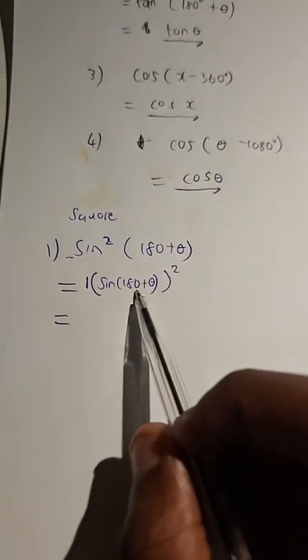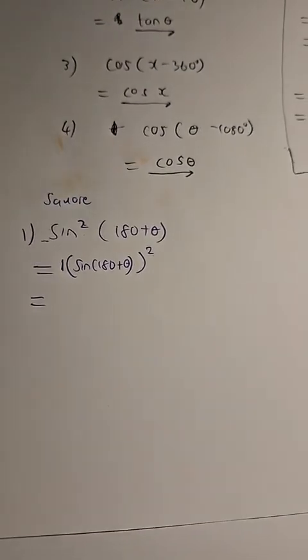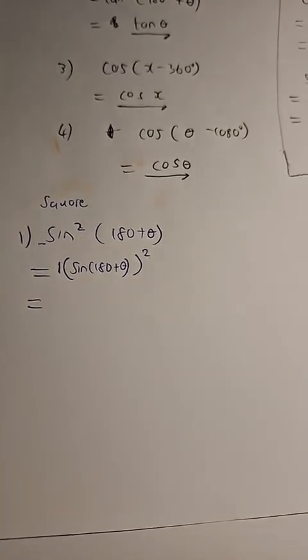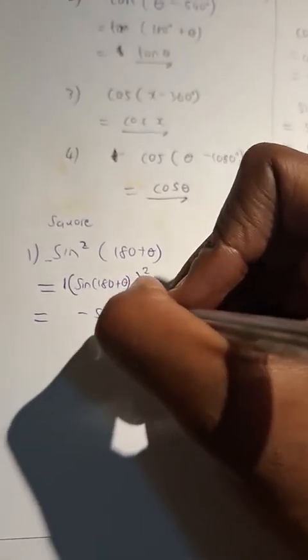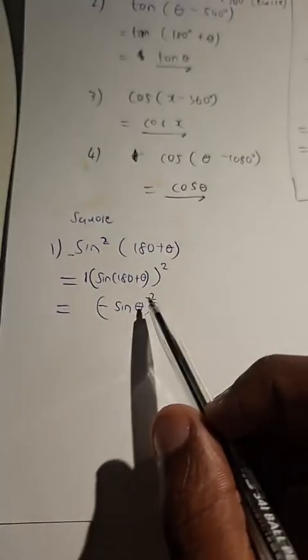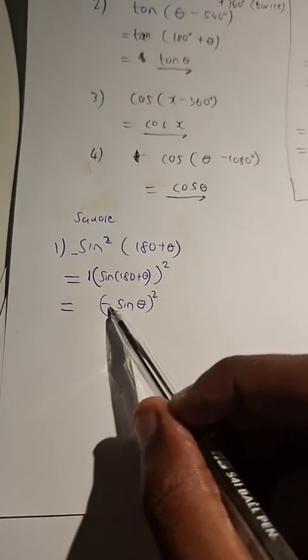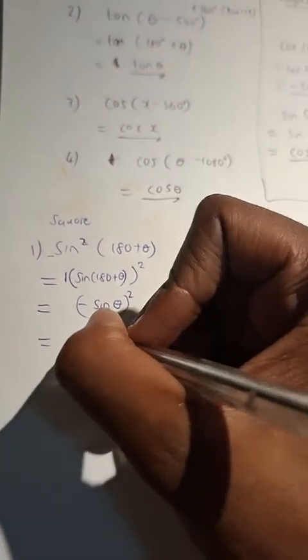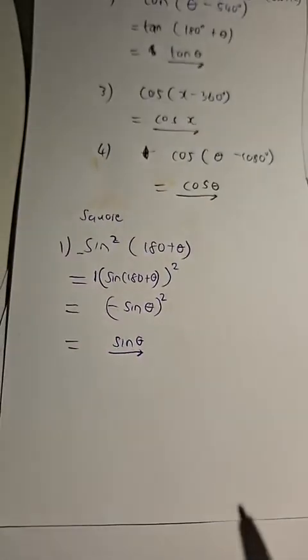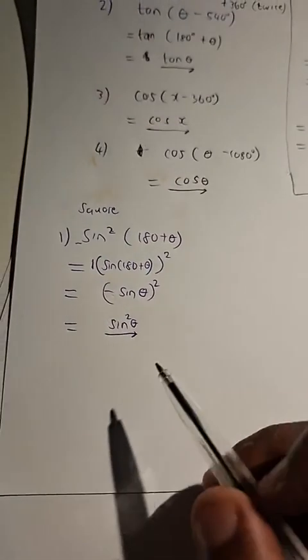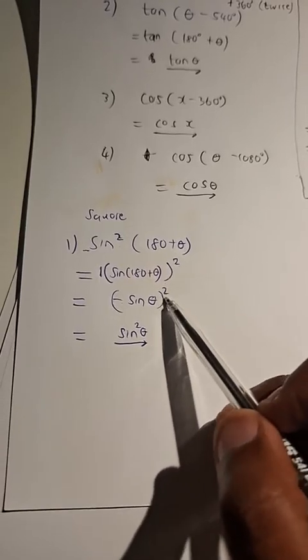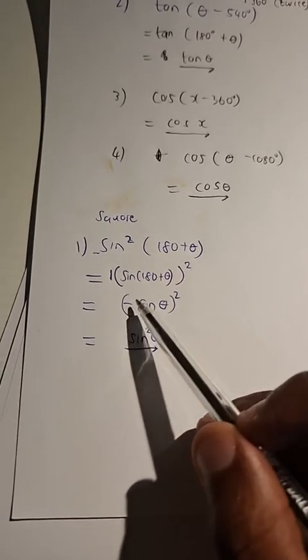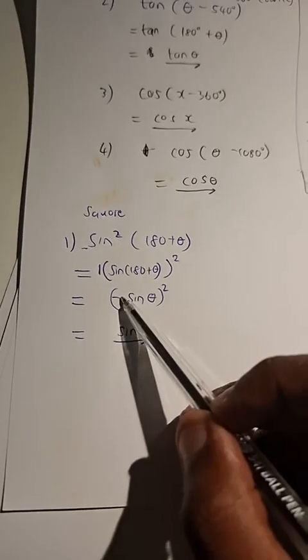So then what do you do? You evaluate what's inside. 180 plus theta is in which quadrant? It is in the third quadrant. How is sine? Sine is negative. Then you say negative sine of theta. Now, when you apply the square back, you get a positive sine squared theta, because an even exponent applied to a negative sign changes it to positive.